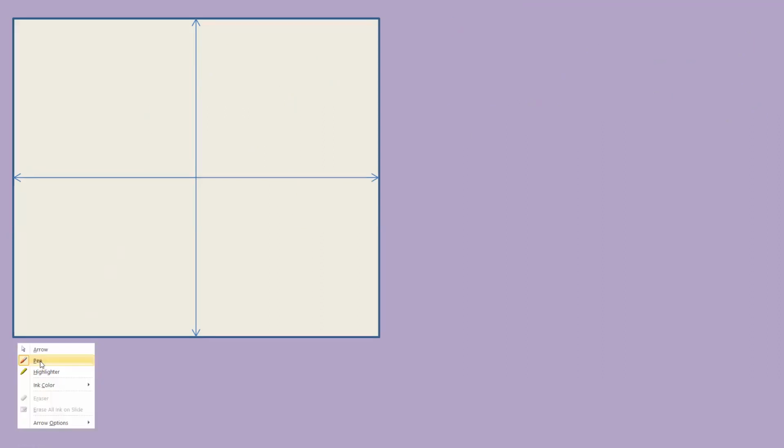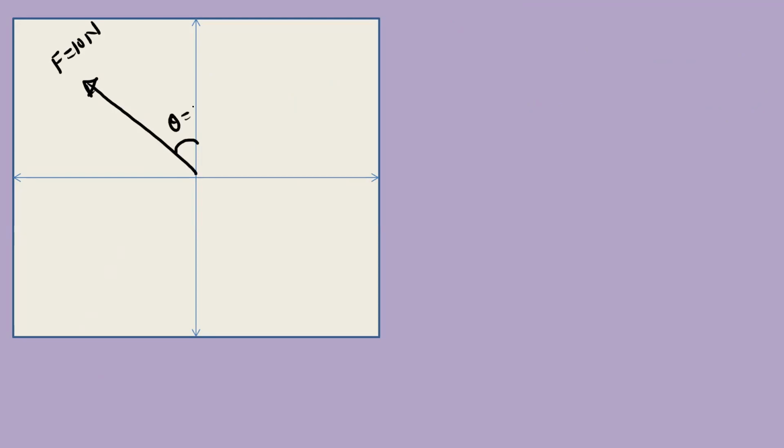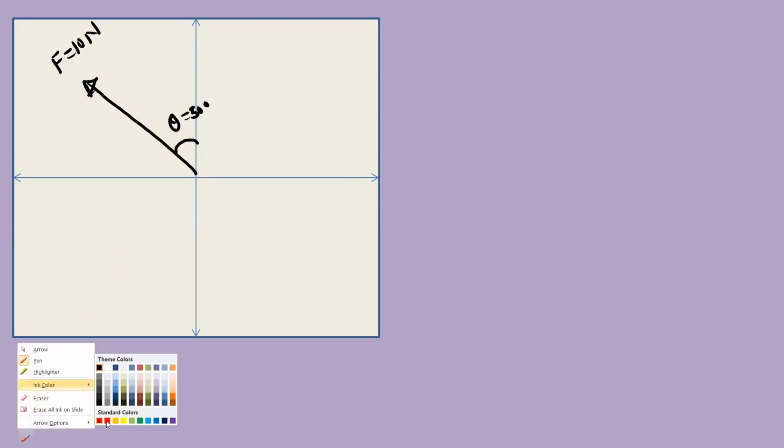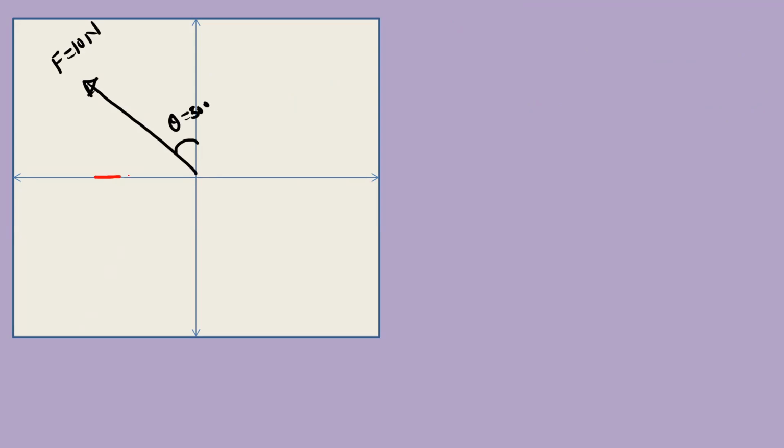Now consider the force in the second quadrant. So consider the same force 10 Newton, angle given with respect to the y-axis. So theta is equal to 30 degrees. Now this is the x component.